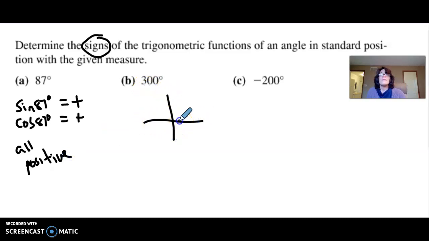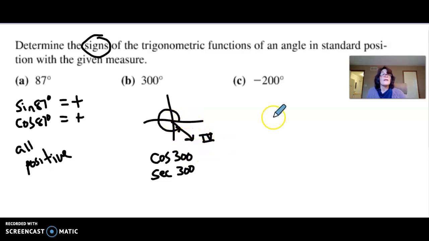300 degrees, I have to think about that. That's more than 270, so I end up in quadrant 4, where my x is positive, but my y is negative. So the cosine is going to be positive, and of course the secant, because I'm in the fourth quadrant and my x coordinate is positive. Negative 200.